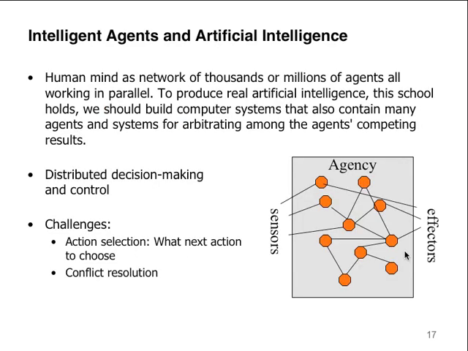In terms of intelligence in the artificial environment, think of human minds as networks, with thousands and millions of agents working in parallel. In our human mind, we have agents. If you wanted to take the human brain and divide it out per agent, which you can't normally do, I have an agent that tells me when I have to go to the bathroom.